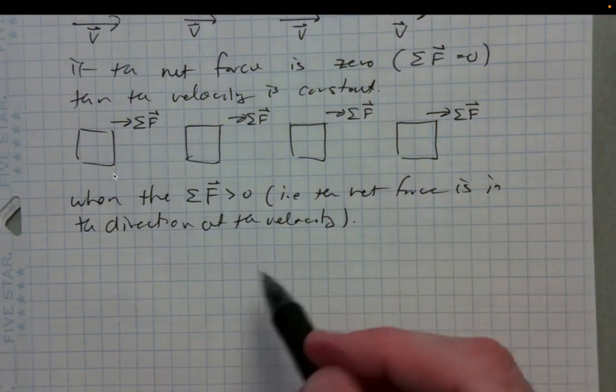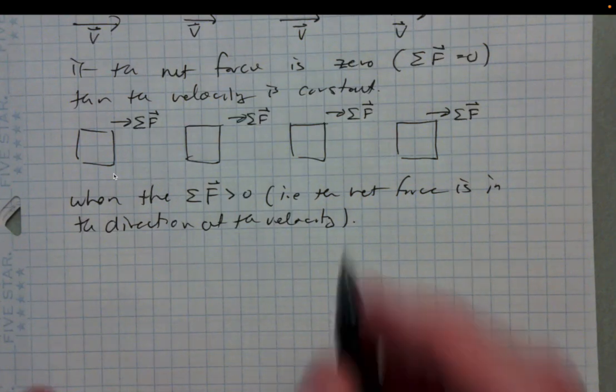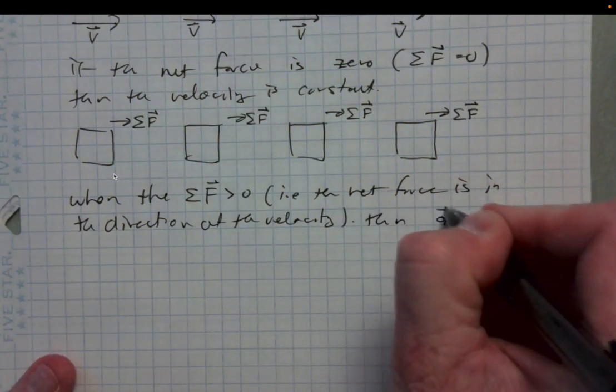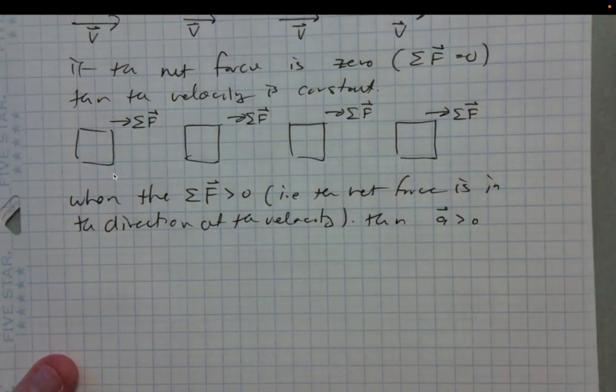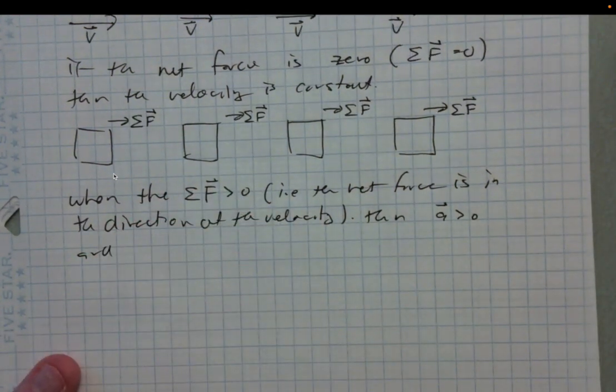So when the net force is greater than 0, i.e. in the direction of the velocity, then the magnitude of the acceleration vector would be greater than 0, and we will see the velocity increase.